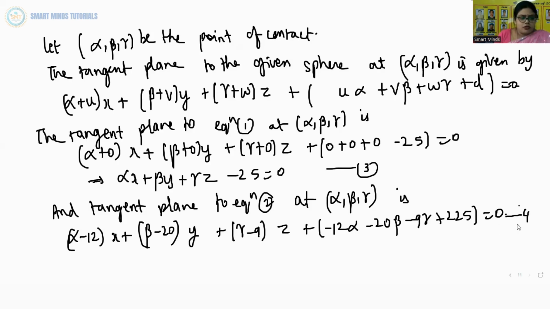Let's say this is equation number 4. Now we need to compare equation number 3 and 4. So if you compare equation number 3 and 4, what do you get?